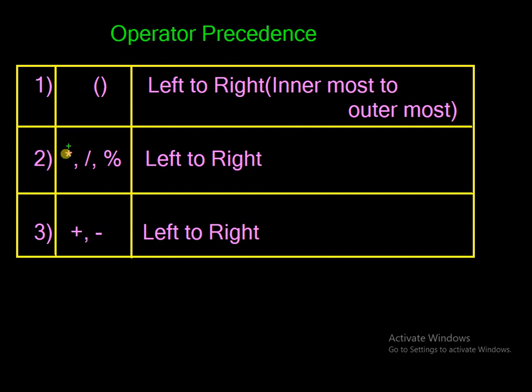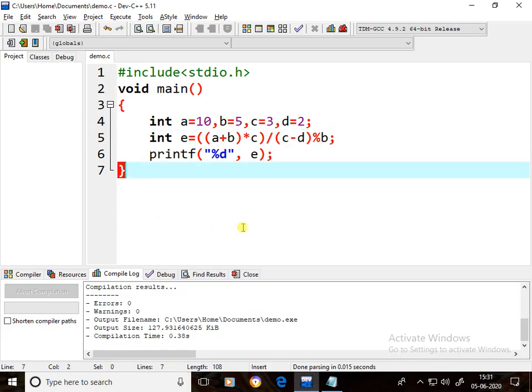Second category, these three operators. Third category, these two operators. Left to right, left to right, left to right. Here, innermost to outermost. See, the expression I am writing here.